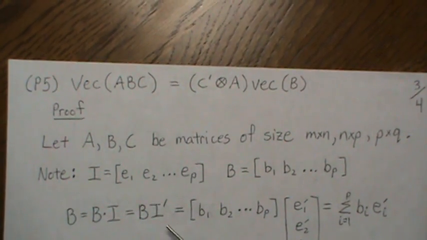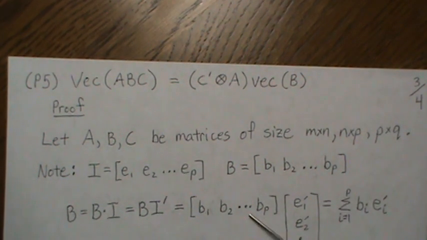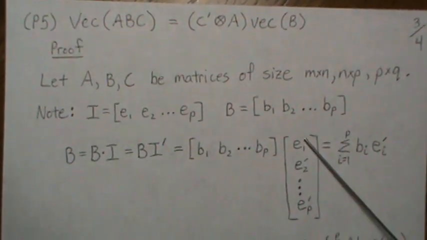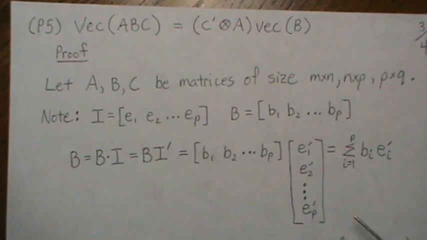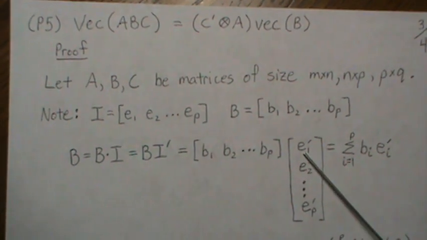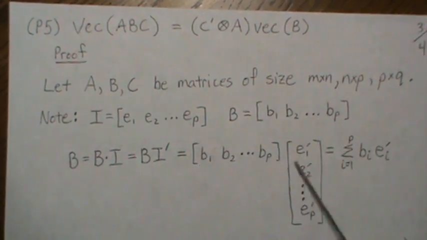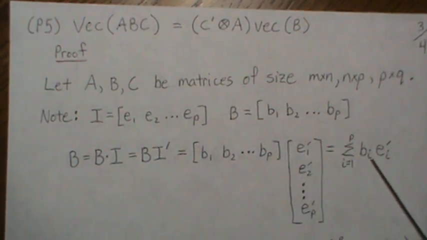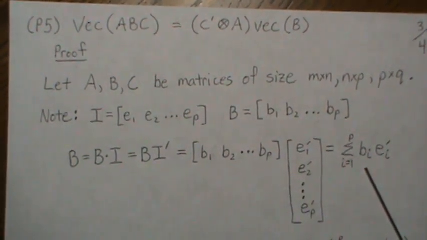But then this B can be written in column form, and these e's are row vectors now. So when you do this multiplication, you end up with this. It's the first one times that, the second one times this, up to the p-th. And so you can really represent B as this sum, which is kind of cool in itself.